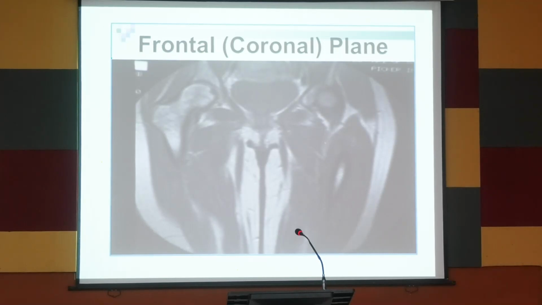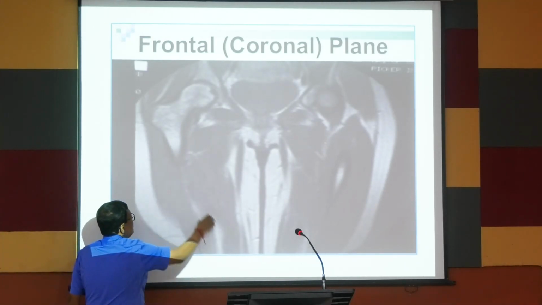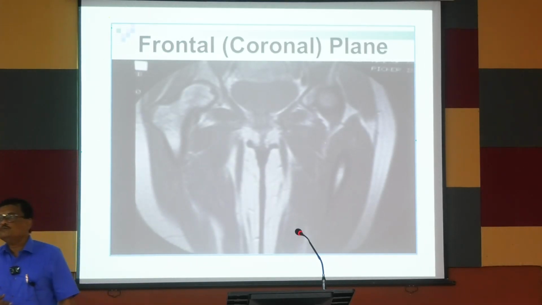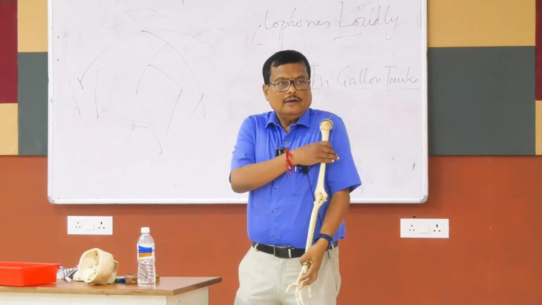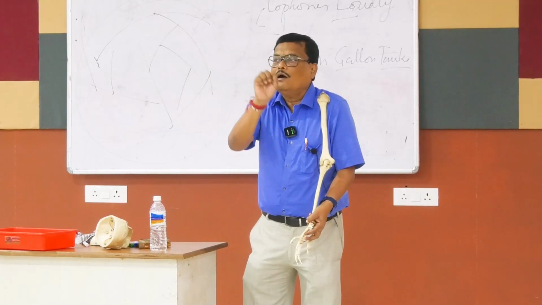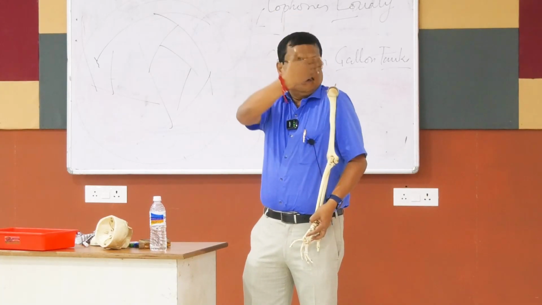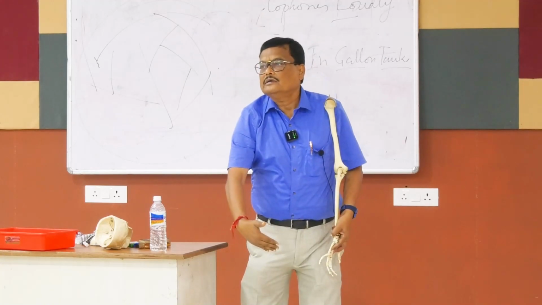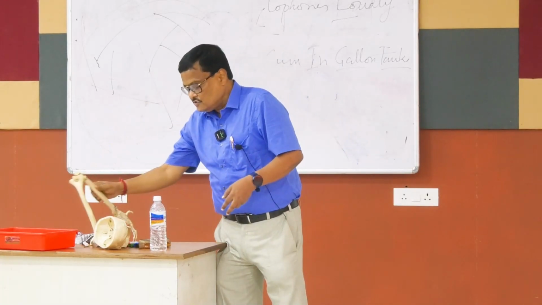This is the coronal plane of the same body, in the femur. Suppose this is taken in a transverse plane, here the femur in the coronal plane you can see more or less the whole femur, but in the transverse plane you see only a rounded structure. Like this humerus: if it is a coronal plane we see the whole thing, but if it is a transverse plane, only a round shape. You have to get the idea from that that this is the humerus. And if it is a sagittal or parasagittal plane, cut like this, the marrow in the middle will look different. So this idea is very important.